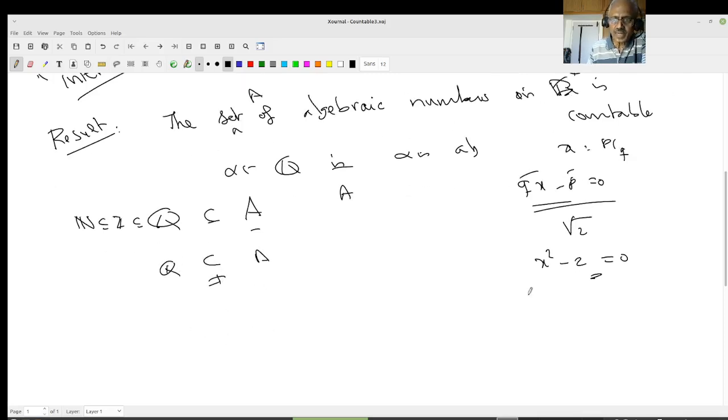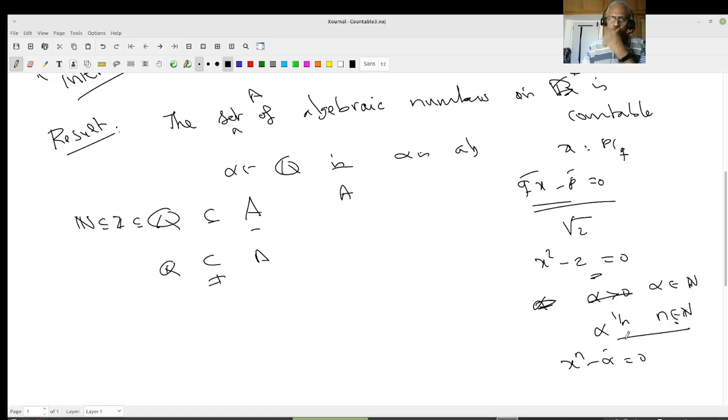And similarly, if alpha is positive and we look at the nth root of alpha, where n is a natural number, then this is algebraic, because x to the power n minus alpha equal to 0. Suppose alpha is a natural number and n could be anything.